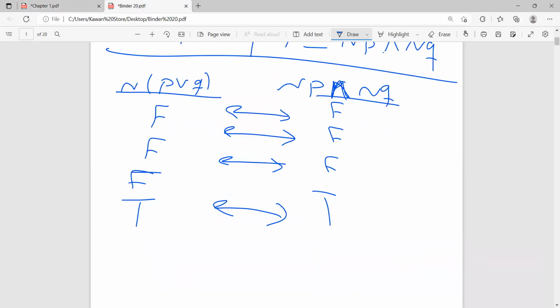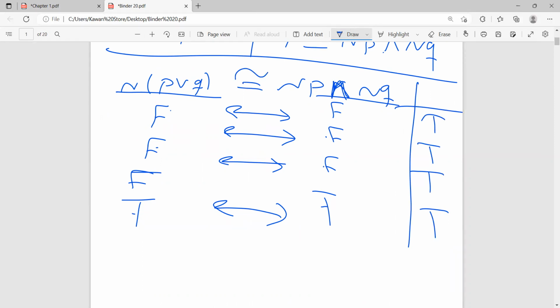So let me go to the question again and show the result. If they are the same, true. If they are different, false. So the result is a tautology, which means these two are equivalent.